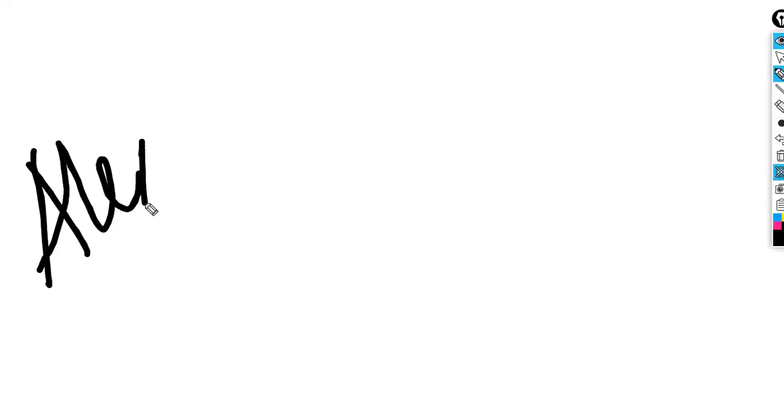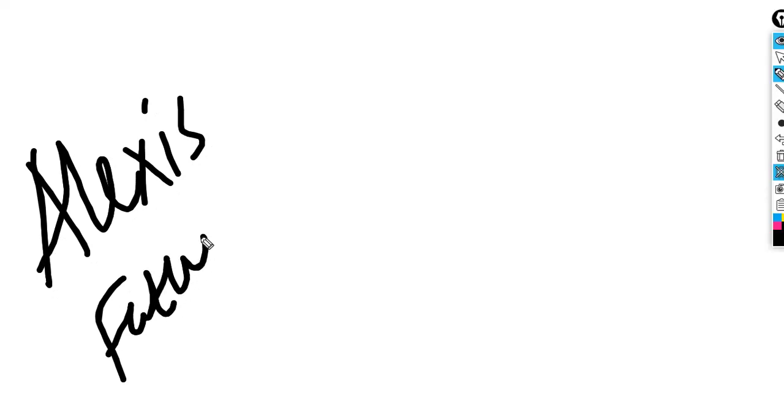Then for possession, especially with words that end with an S, like if you say Alexis' father, the father of Alexis, and you want to show possession without writing the father of Alexis, you can write Alexis'. Just put an apostrophe. All of us should stick to this convention.